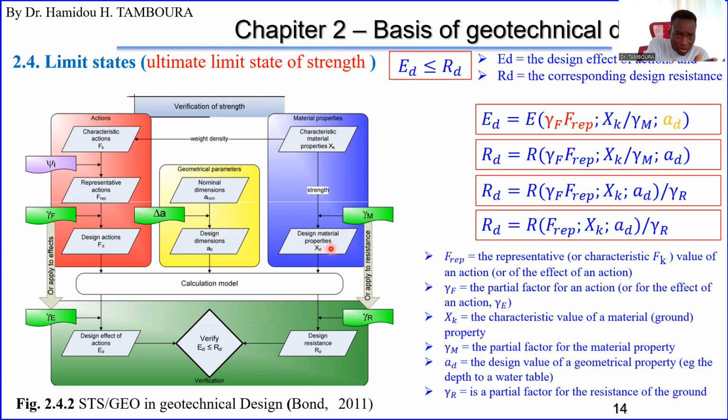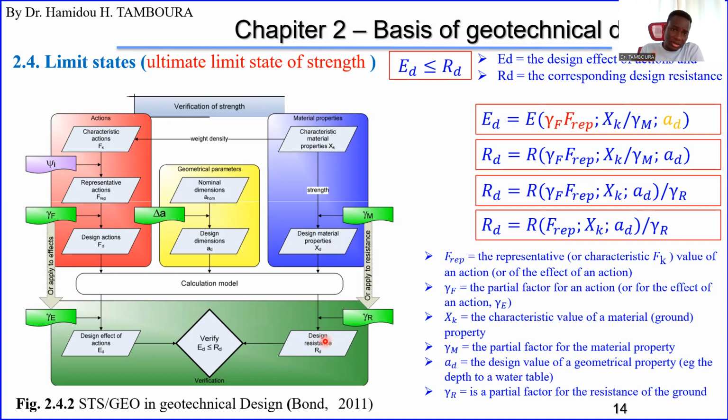Because we have the material property, the actual one, but we have the one we will use for design. That one will be the one obtained after applying the partial factor. That is the meaning. Or instead of using the material property, you can directly use the design resistance, because what is resisting is the material.